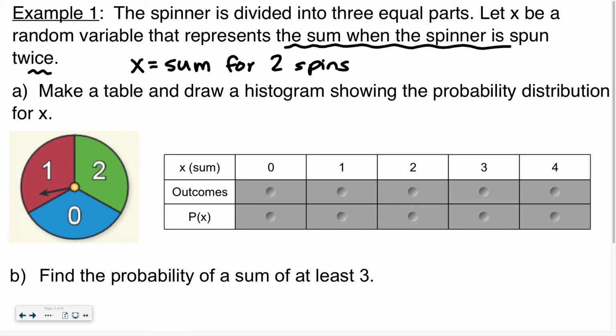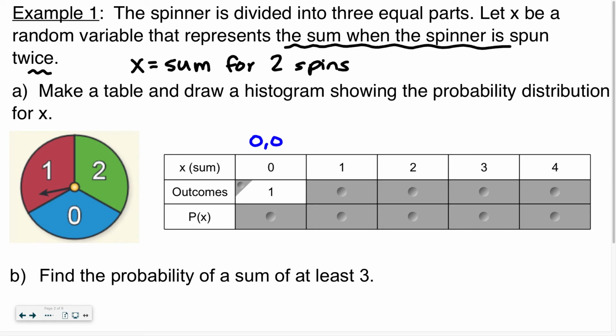0 and 0. And that's really the only way to get a sum of 0, right? If you spin any other number, your sum won't be 0. Okay. So how many outcomes are possible? 1 way to get that. Okay. So if you need to jot down where that number is coming from, it's because you're spinning a 0 and a 0.